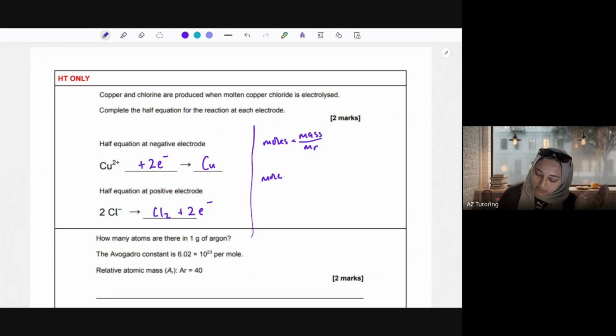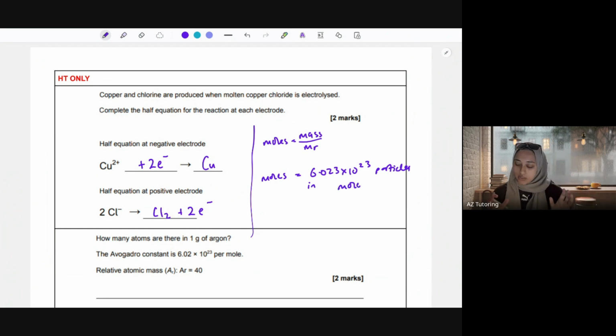Your moles could be Avogadro's number, the 6.023 times 10 to the power 23 particles in 1 mole. So what Avogadro is saying is in 1 mole, you've got 6.023 times 10 to the 23 particles. And finally, you can think about moles as molar ratios.